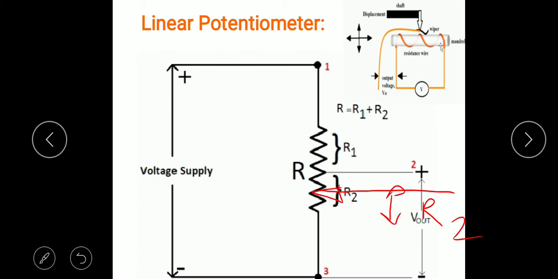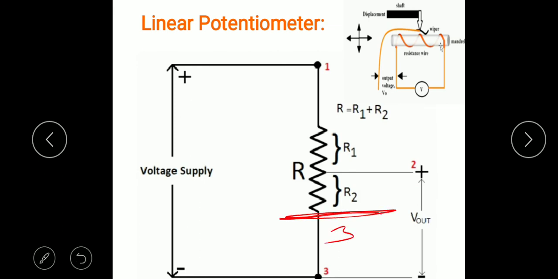Okay, now the third case, if the wiper comes directly at this portion, so this portion is considered as the 3 terminal. Instead of showing it here, I will show 3 here, and instead of showing at the top, I will show 1 here. Now if the wiper comes at this place, so what will happen?